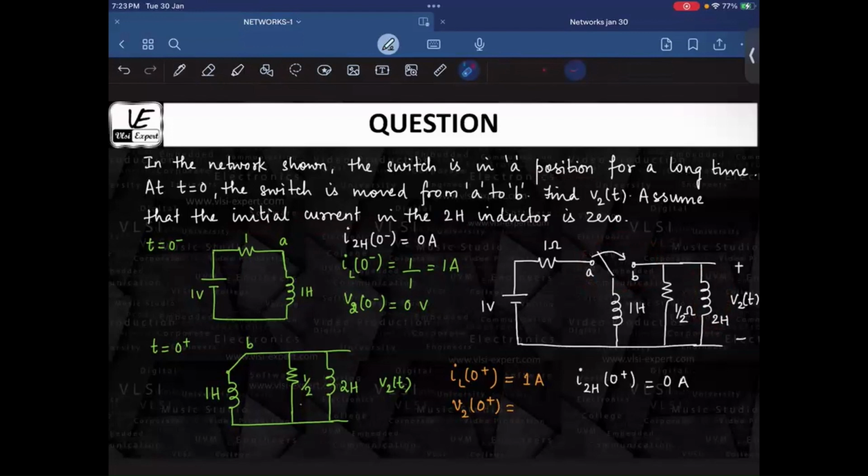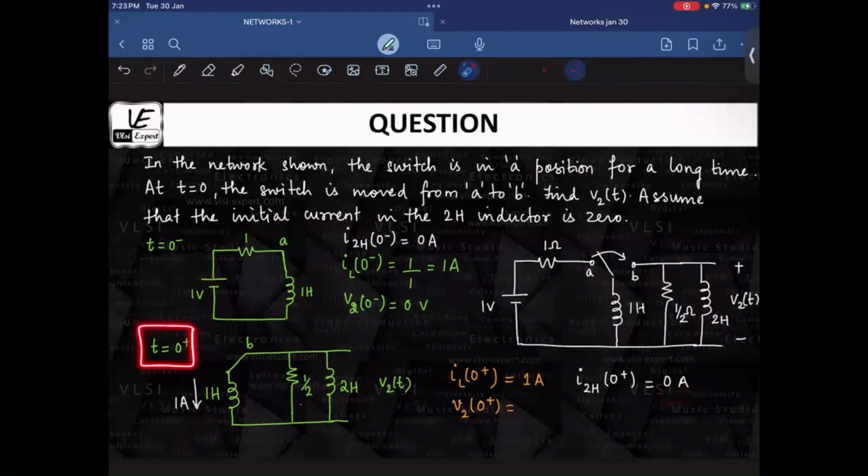That means there is no current flowing in this part. So whatever 1 ampere current is flowing will continue to flow through this resistance, because there can't be any current in this.